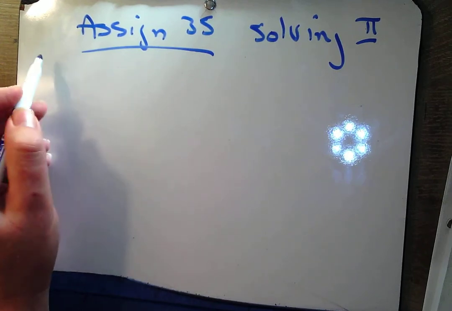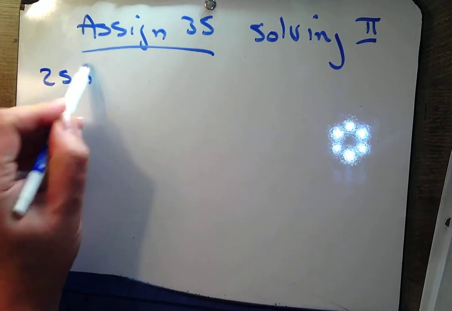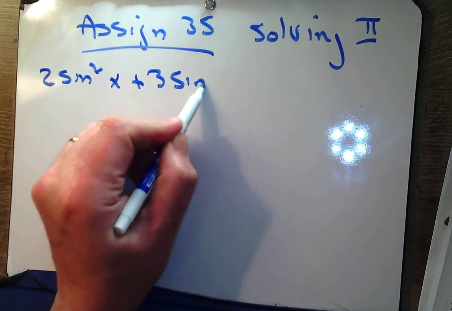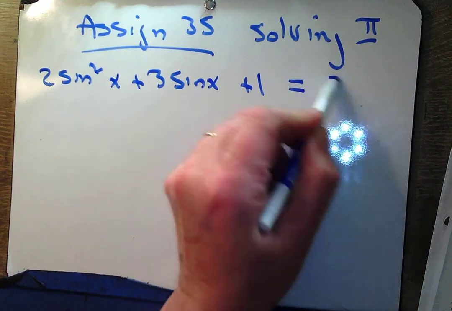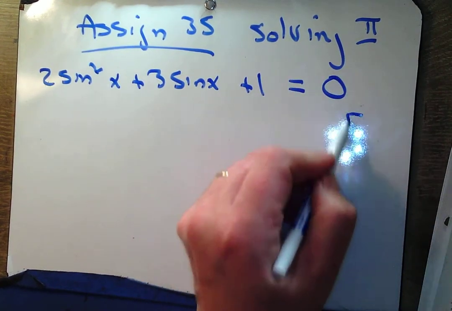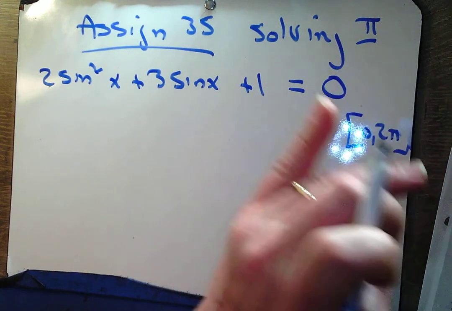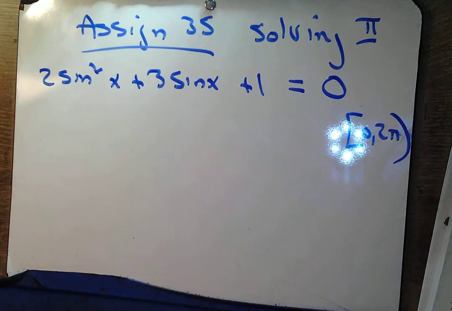How about this one? How about 2 sine squared x plus 3 sine x plus 1 equals 0. And let's talk about 0 to 2 pi. Oops, you never see a bracket there. Always a parenthesis.